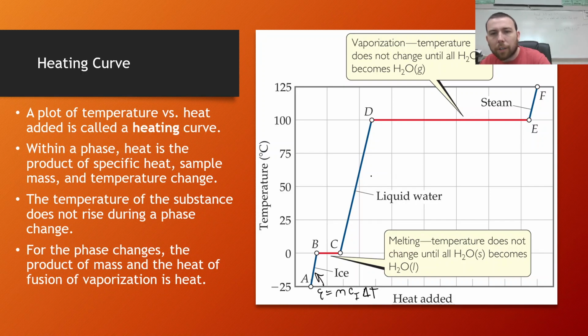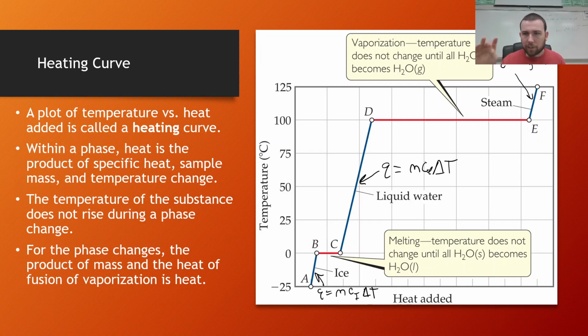For the liquid water at segment CD, it would be Q equals m, let's just say Cl for liquid water, times delta T. And then for our steam at segment EF, it would be Q equals m Cg delta T. The reason I made the distinction between ice, liquid water, and gaseous water is because the specific heats of a solid, liquid, and gas are different.